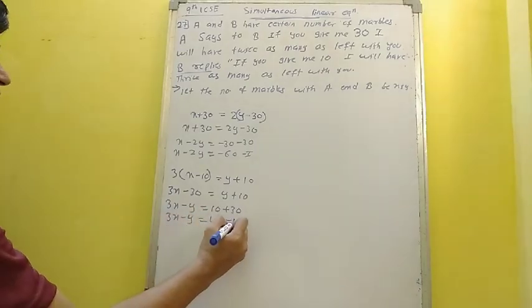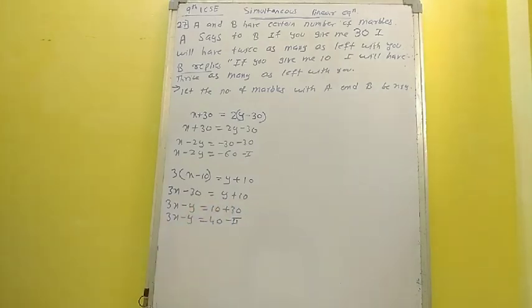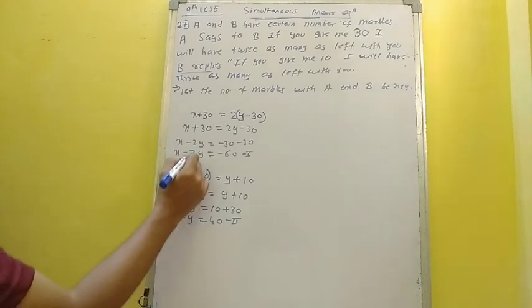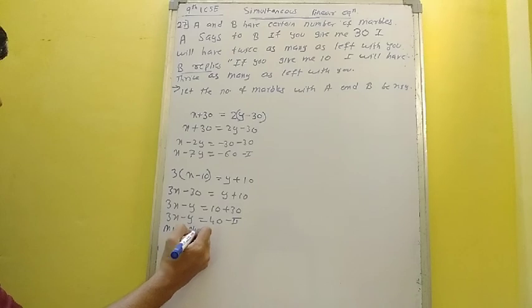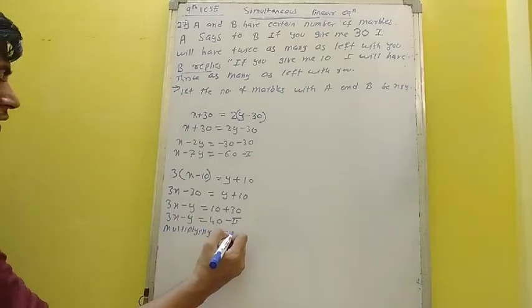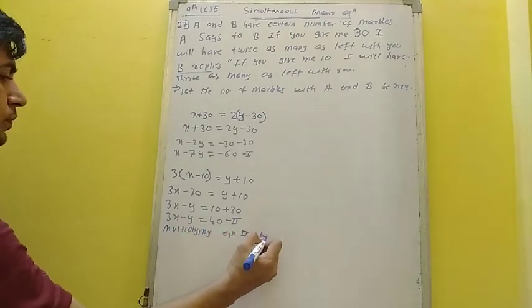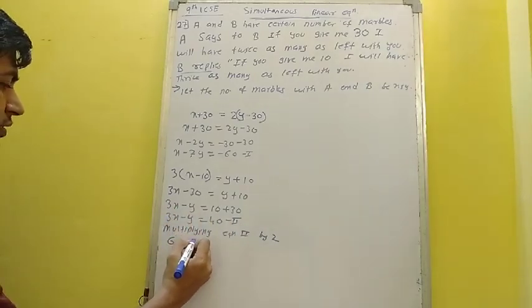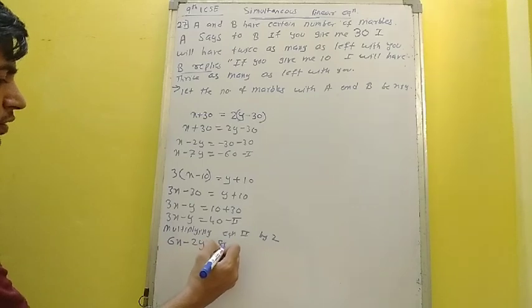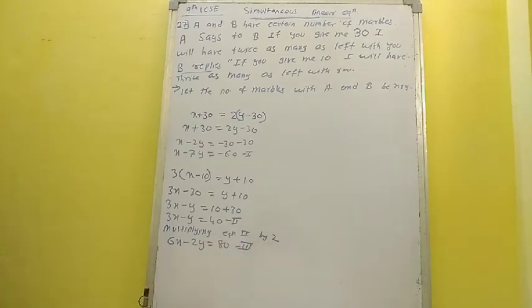Okay, equation number 2. So I will multiply this by 2 so that we have 2y. Multiplying equation 2 by 2, we have 6x minus 2y equals 80. Okay, we have minus 2y, we have minus 2y.